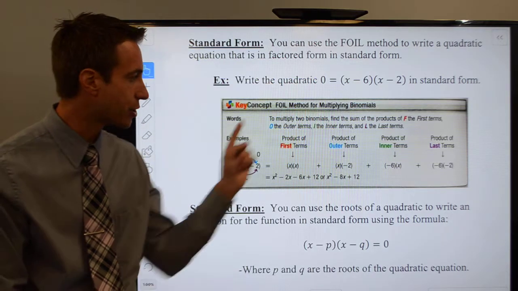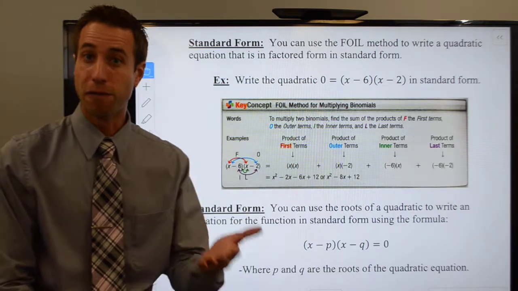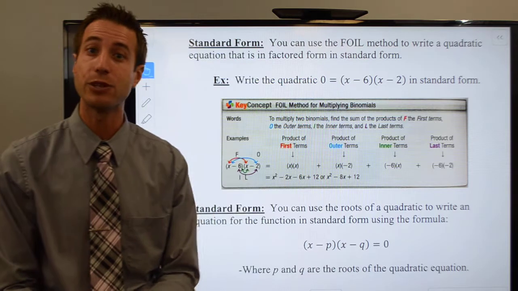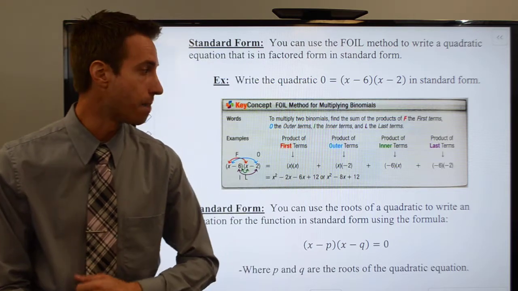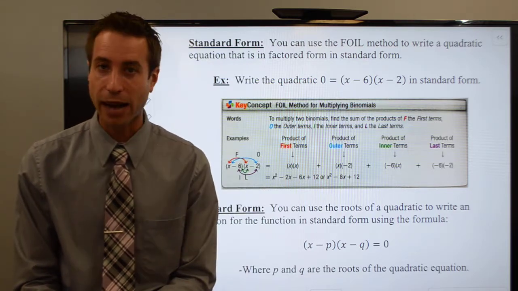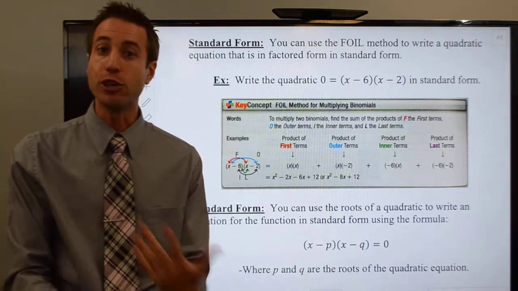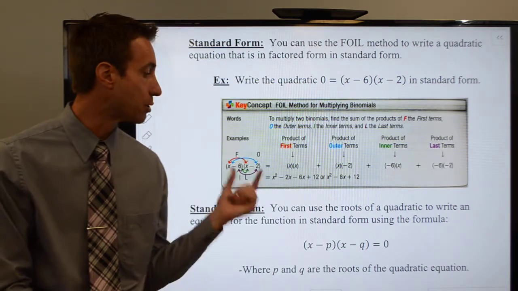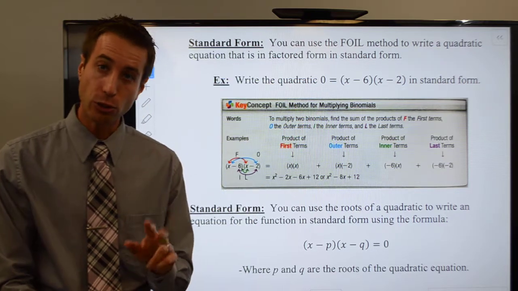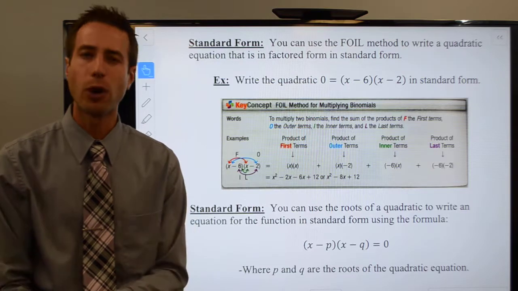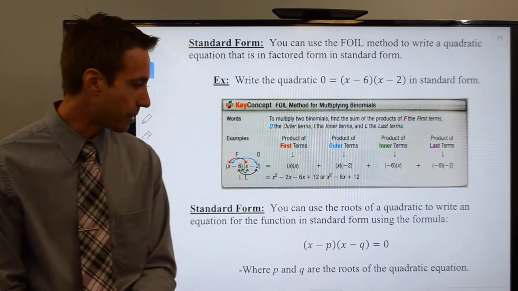I've reviewed FOIL here, because it's probably been a while for some of you since you've had to use it since Algebra 1. FOIL is an acronym that stands for first, outer, inner, last. We use it to help us multiply two binomials together. Once you get done doing FOIL, combine like terms and you'll be all set.